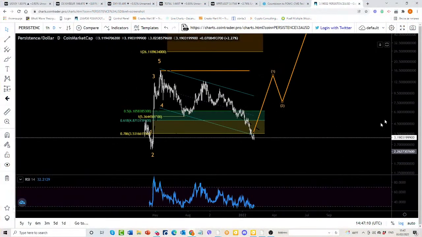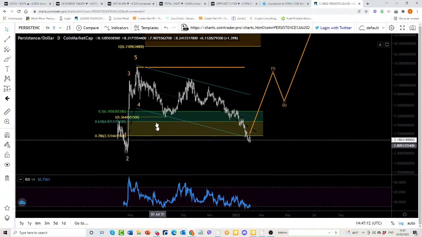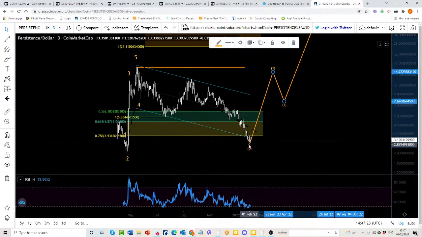I have a wave count on Persistence, which actually says that this should be an ABC correction. But when we deal with things like this, I don't want to see much of this 0.786 retracement passed.